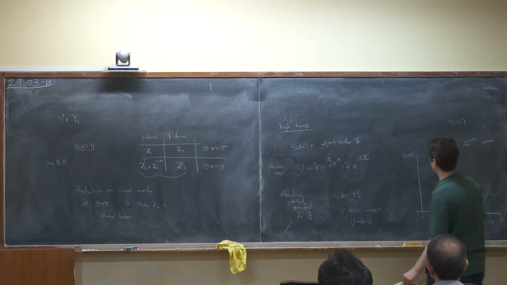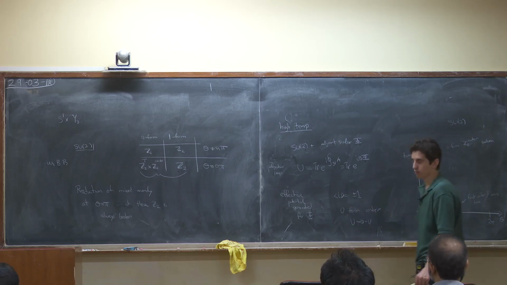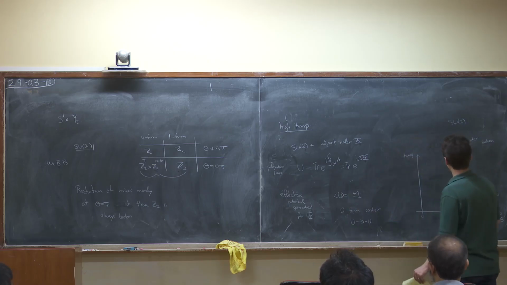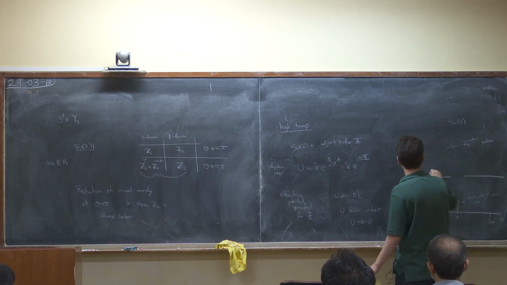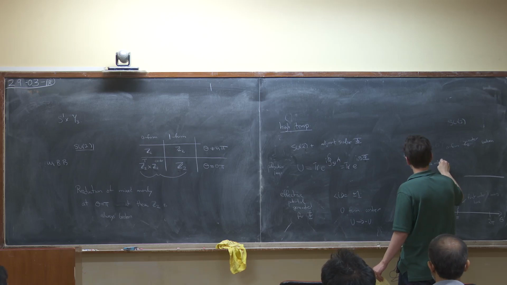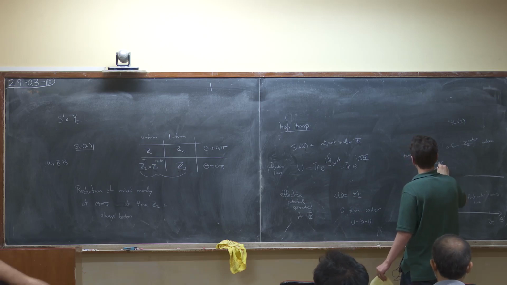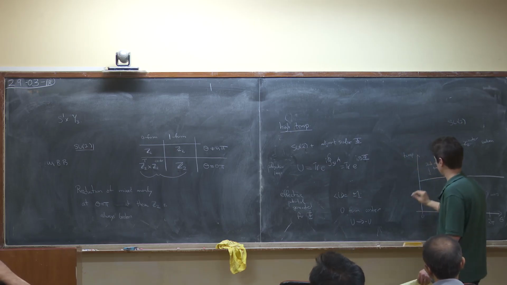Now, in SU(2), as we lower the temperature, these two minima will come together, and eventually this symmetry will be restored. And it's actually believed that this is a second order transition, which is therefore in the Ising universality class.